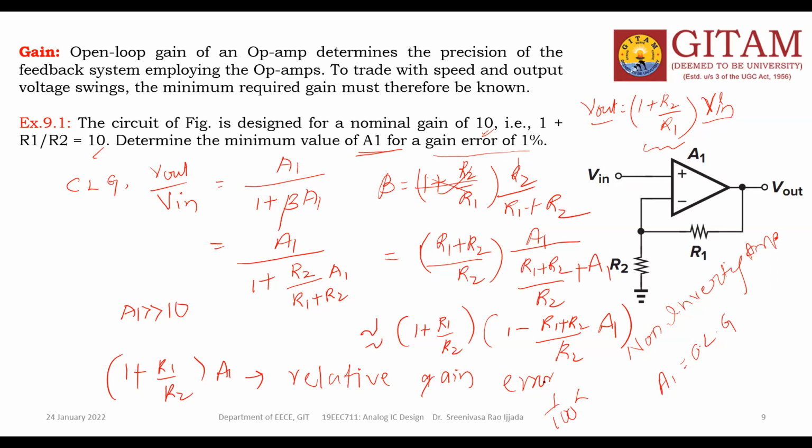What is that? This factor, 1 plus R1 by R2 into A1. So this must be far greater than 10. With this, A1 should be greater than, because this value is 1% error, 10 multiplied with 100 is 1000.